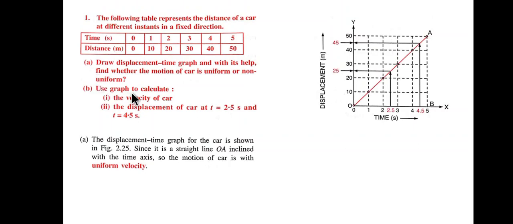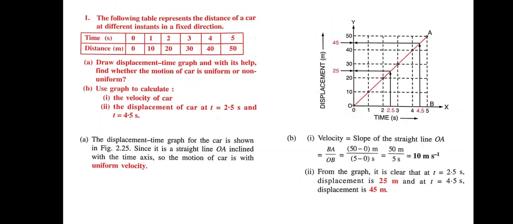Number B, use graph to calculate. Now we have to calculate the velocity of the car using the graph. We know velocity is represented by the slope of the line. So the slope of the straight line OA, as we have learned earlier, is the perpendicular divided by the base.